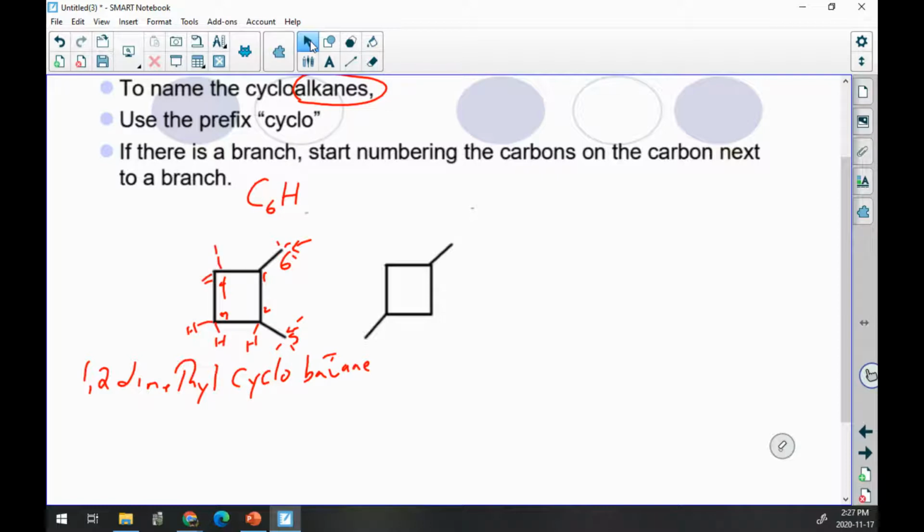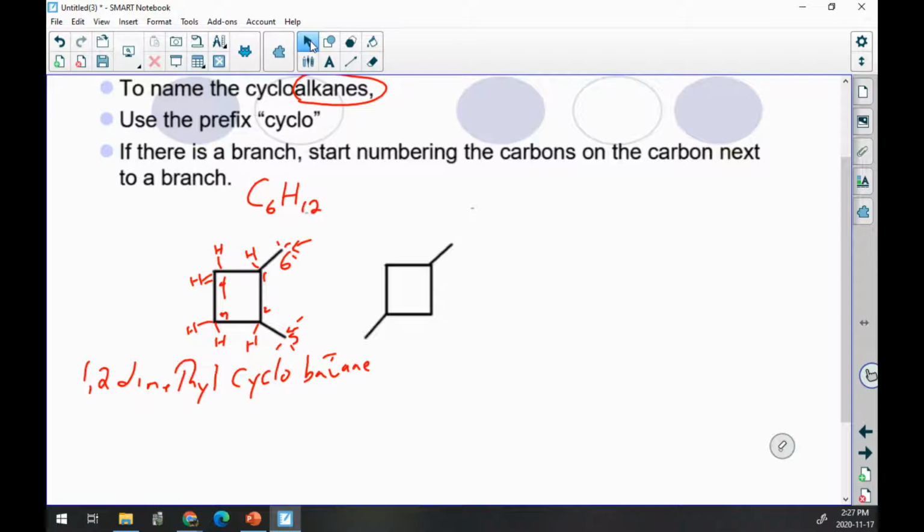Same thing here, 2 more hydrogens. And then this one has 1 more hydrogen. Because how many bonds can carbon form? 4. There are no double bonds indicated, so I've got 3, 6, 7, 9, 11, 12.